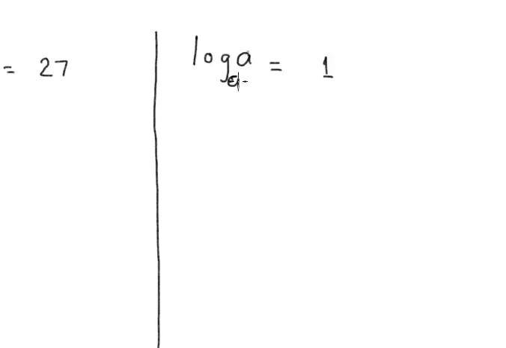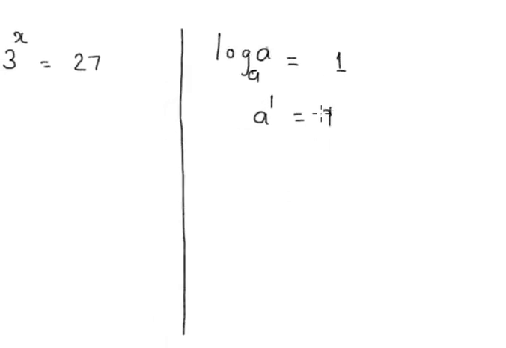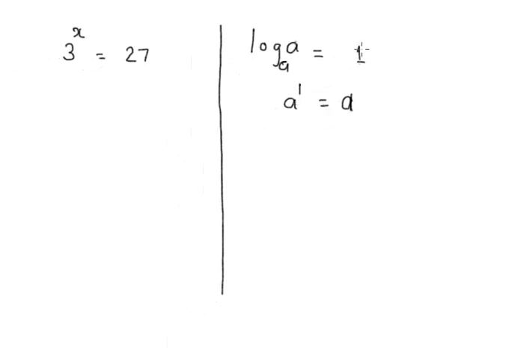That means a to the power of this 1 is going to give us what? A. So the logarithm is actually asking for the exponent to which you elevate this given base to get the number. In this case, it is 1. Okay. That is important.